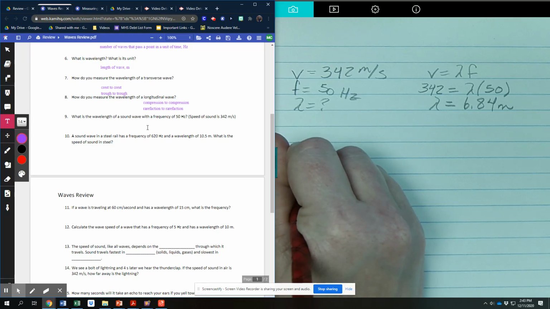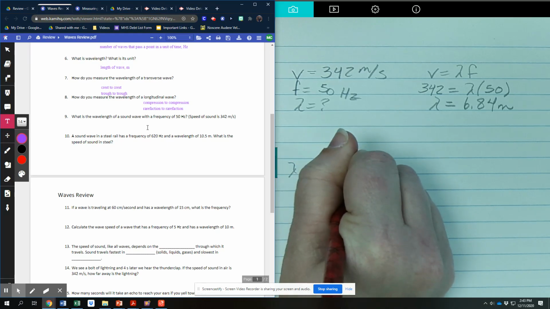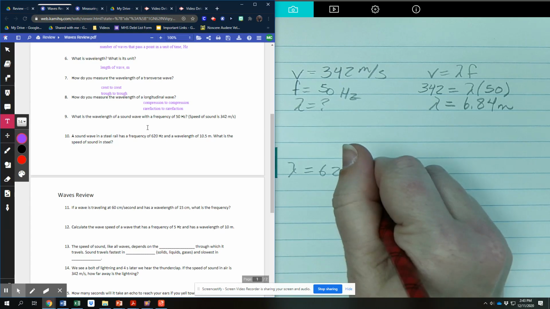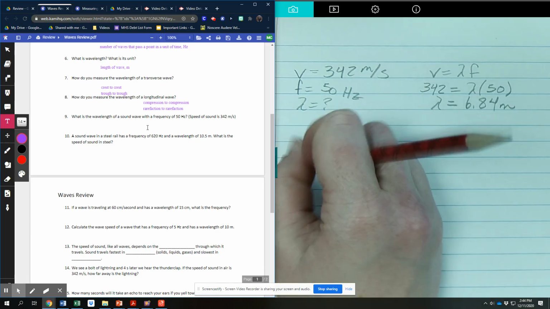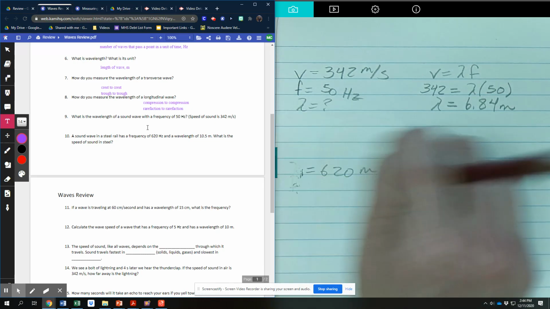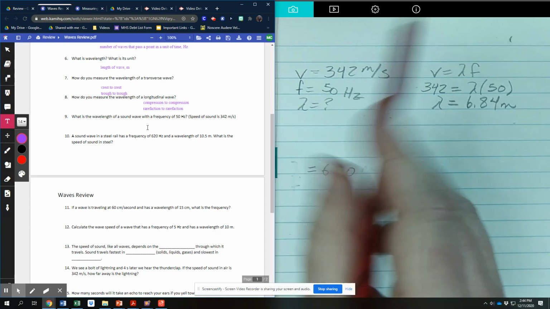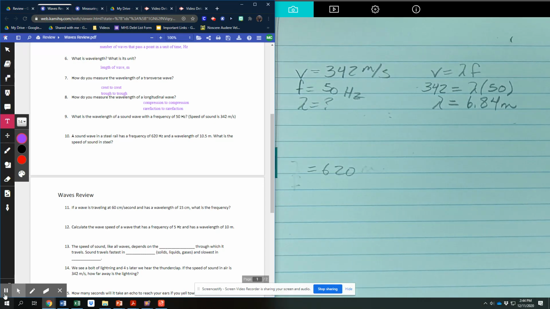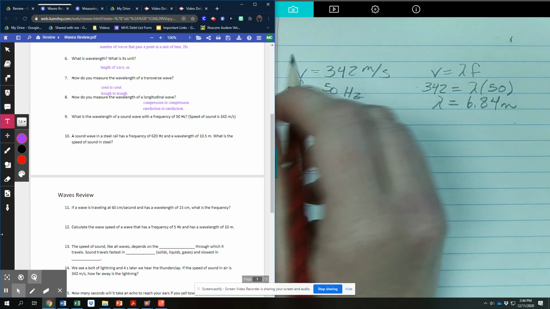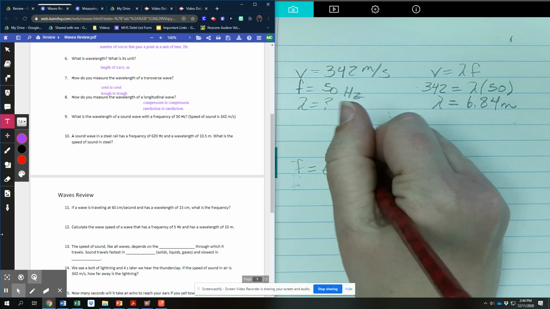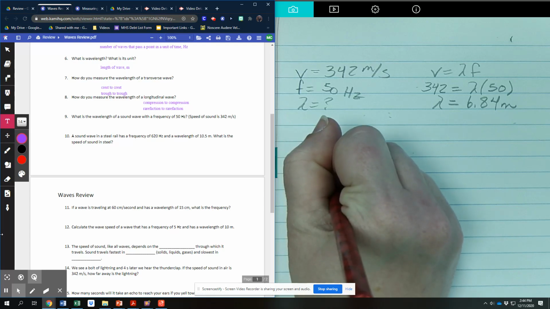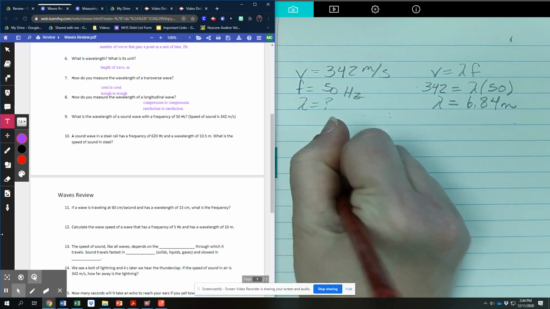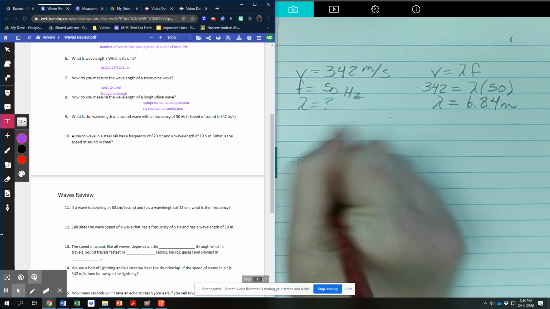So we know frequency, 620 hertz. The wavelength was 10.5. And we're trying to calculate speed.